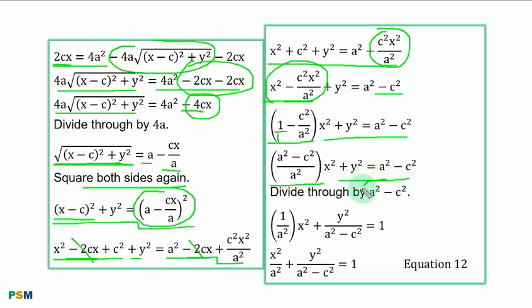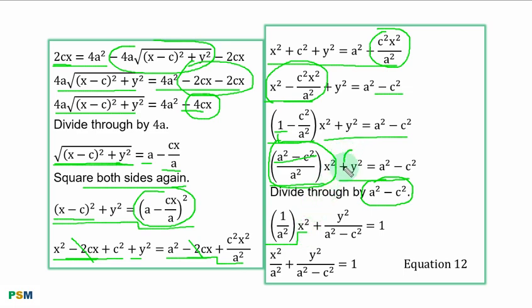Divide through by a squared minus c squared. If you divide this term by a squared minus c squared, it will remove this one. You are left with 1 over a squared times x squared.